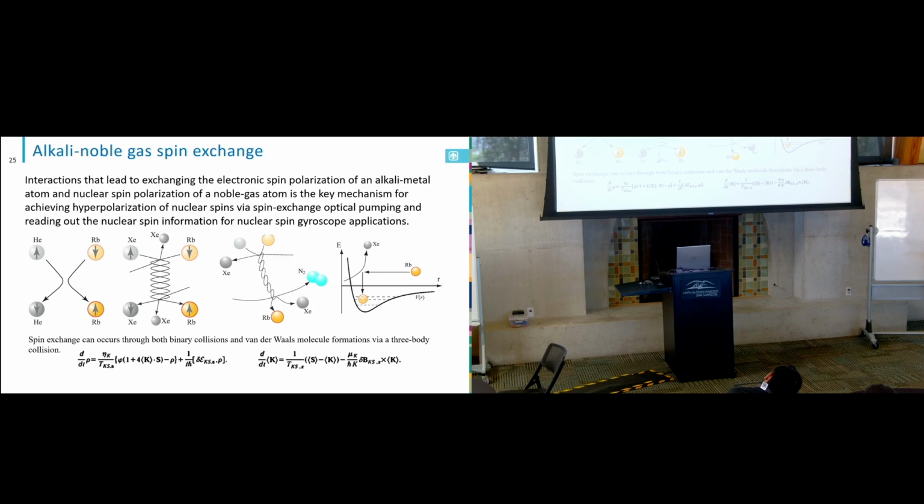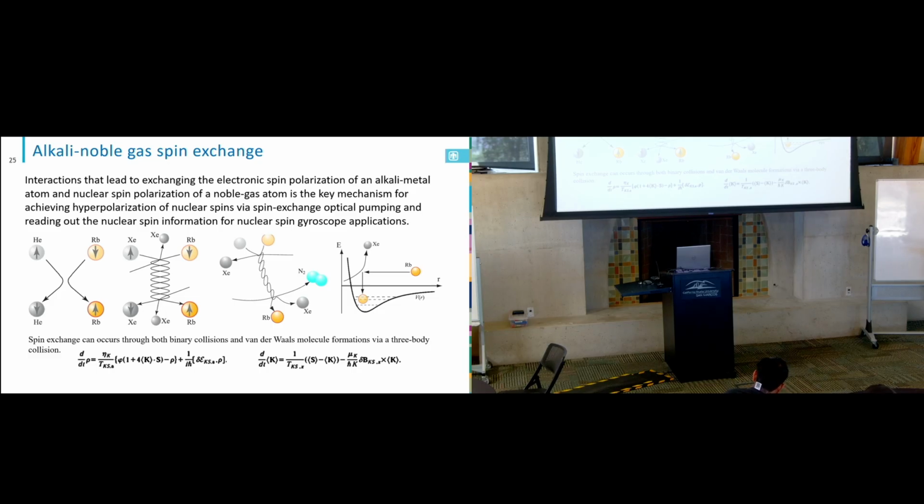And this is between atomic species. We can polarize alkali metal atoms and then transfer it to the nuclear spin of the buffer gas atom. In this case, it's going to be helium-3, since helium-4 doesn't have a nuclear spin, or xenon-129 or xenon-131. And that's even more complicated.